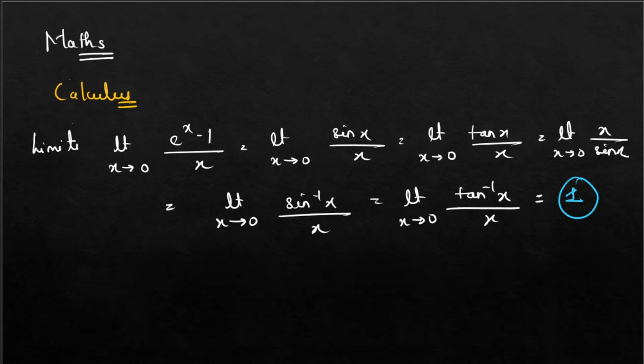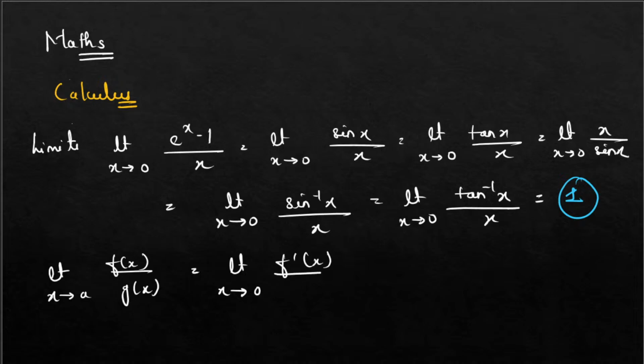After that let's see L'Hospital rule. Some say L'Hospital, some say L'Hopital, you can say either, no problem at all. It is generally used when we have 0 by 0 or infinity by infinity, an undefined form. Limit x tends to a of f of x by g of x equals limit x tends to a of f dash of x by g dash of x, the derivatives.